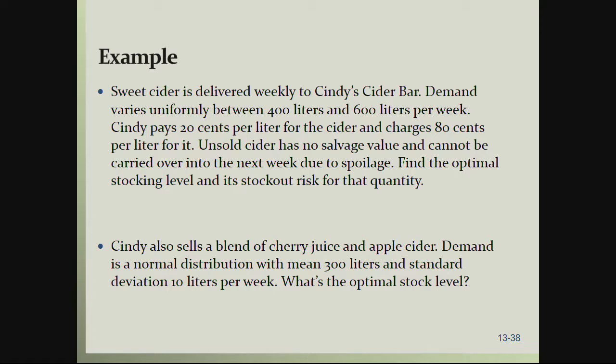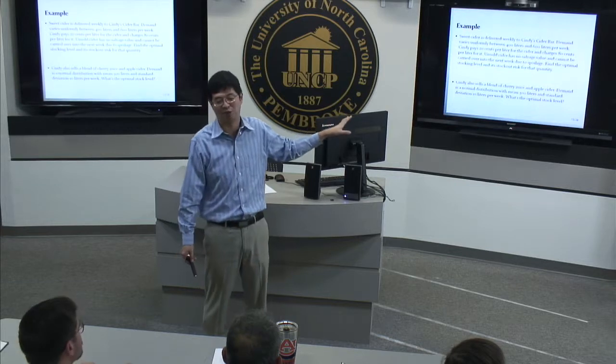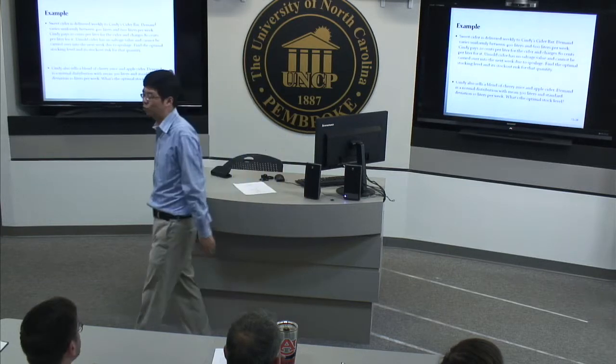Remember, this is the critical value for the standard normal distribution, which means if your mean is 0 and standard deviation is 1, then 0.675 corresponds to the 75th percentile. But now we have a normal distribution with mean 300 and standard deviation 10, so 0.675 cannot directly give the 75th percentile for this distribution.